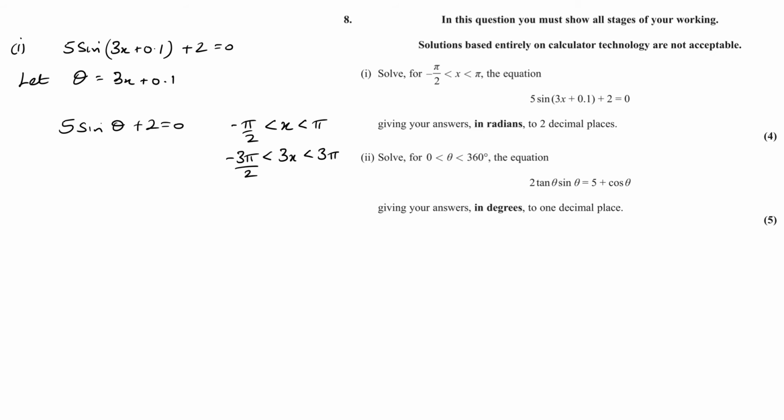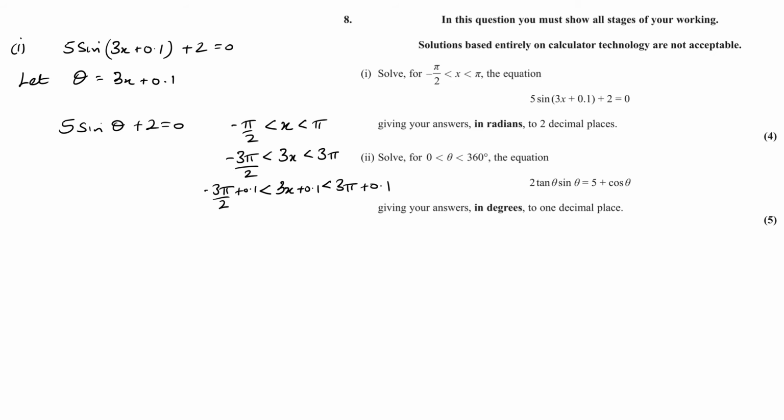And then we've got to add the 0.1, and that becomes 3 pi plus 0.1 and minus 3 over 2 pi plus 0.1.